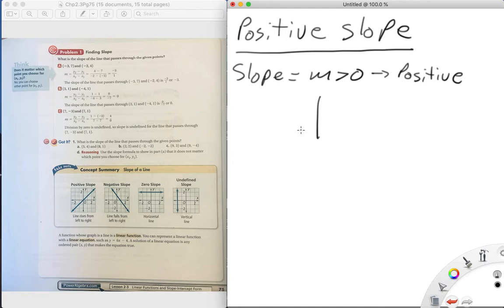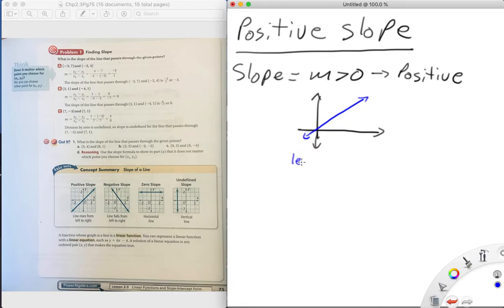And when we graph a line with a positive slope, as you go from left to right, your line is going to have a positive vertical change. It's going to go in the upward direction as you go from left to right.